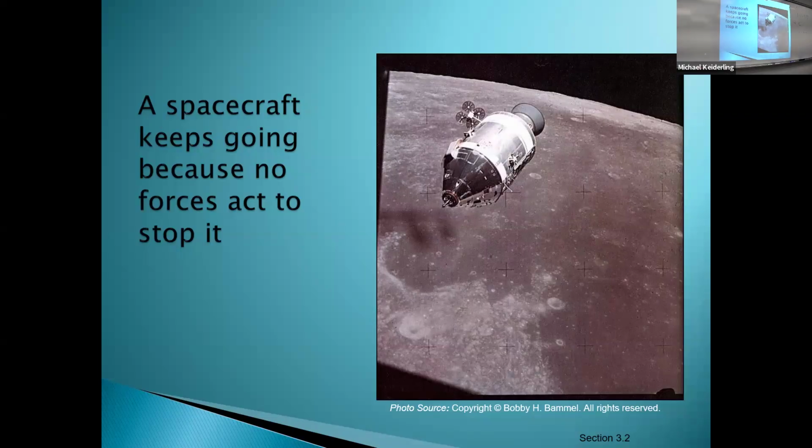So here's an example where it's space. The classic example is a spacecraft keeps going because no forces act on it to stop it. And I think what's hilarious about this choice of picture by the textbook is that there are forces accelerating this spacecraft at the moment shown in this image because it is currently in orbit around the moon, being pulled by the moon's gravity.